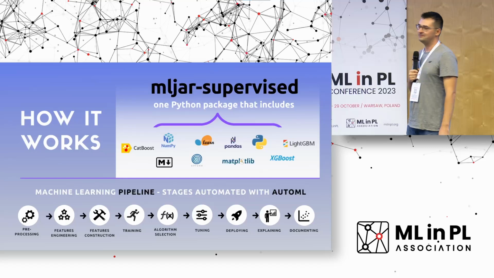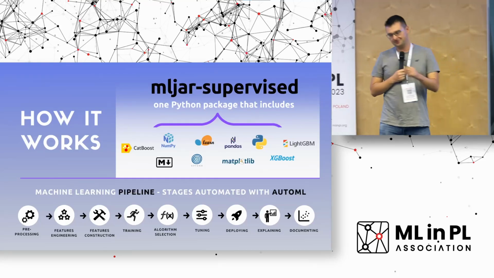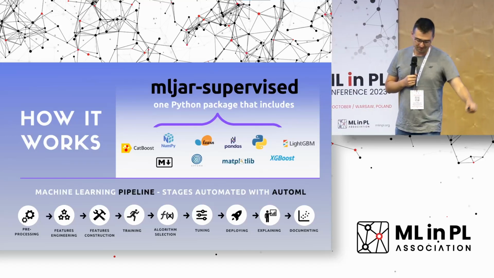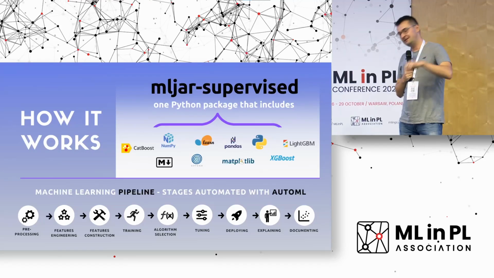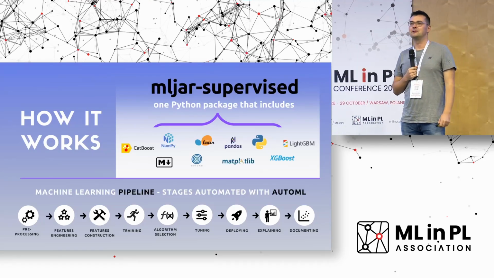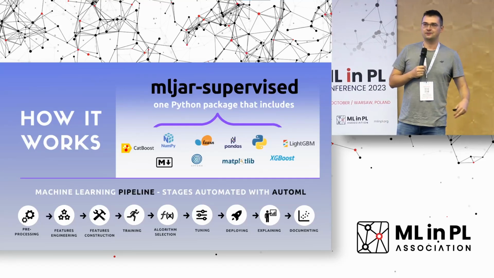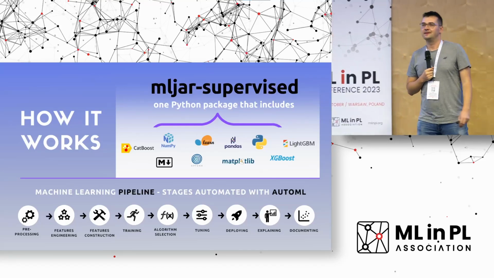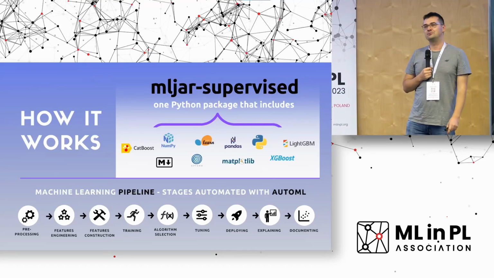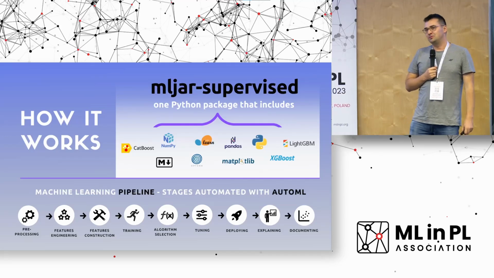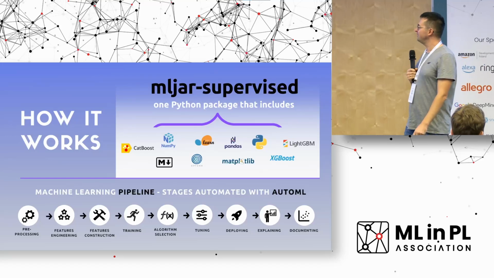The MLJAR AutoML automates the full machine learning pipeline, so you can just drop your data in, and at the end you will get the machine learning model with a nice documentation. Under the hood, we integrate a bunch of amazing packages, for example, scikit-learn, XGBoost, LightGBM, CatBoost, and we are doing the full pipeline for you.